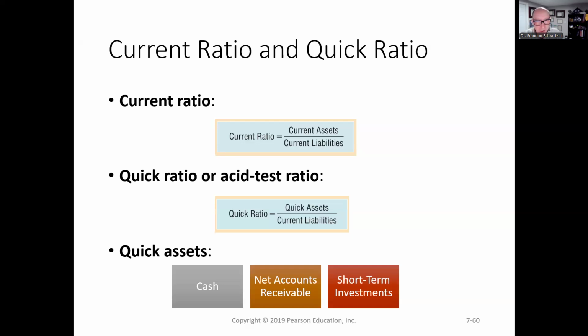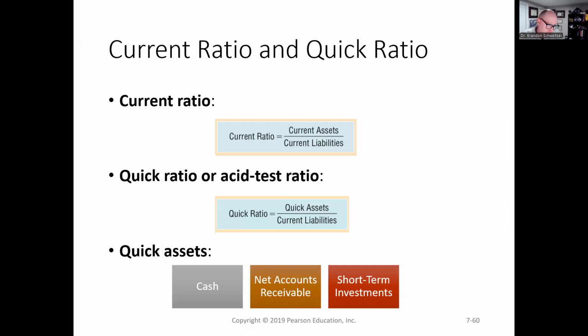The next ratio is called the quick ratio or acid test ratio. And this, we take our quick assets divided by current liabilities. Quick assets are assets that we can quickly convert into cash. These include cash, accounts receivable, and short-term investments or cash equivalents. These do not include inventory.